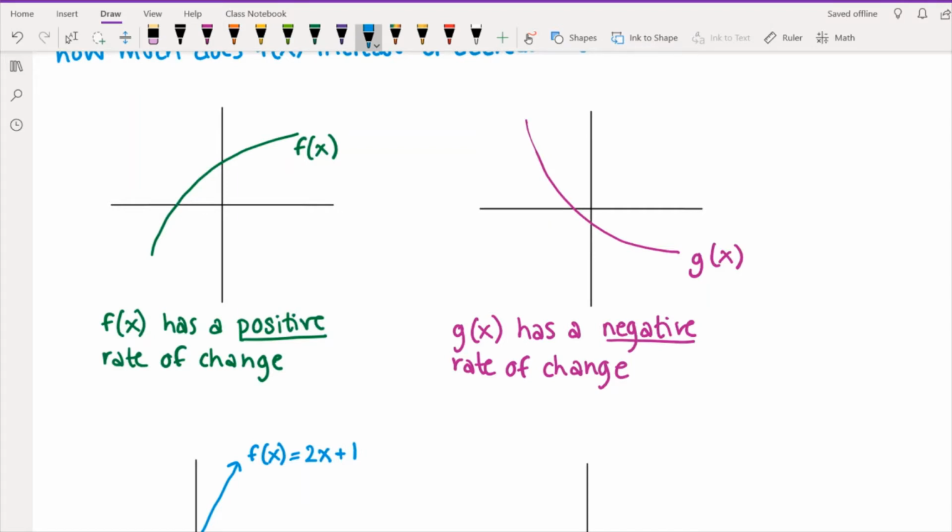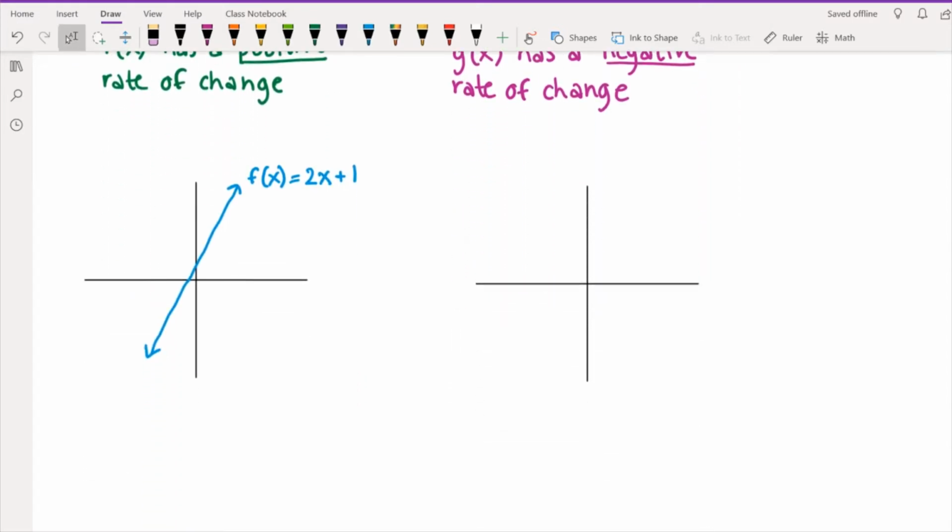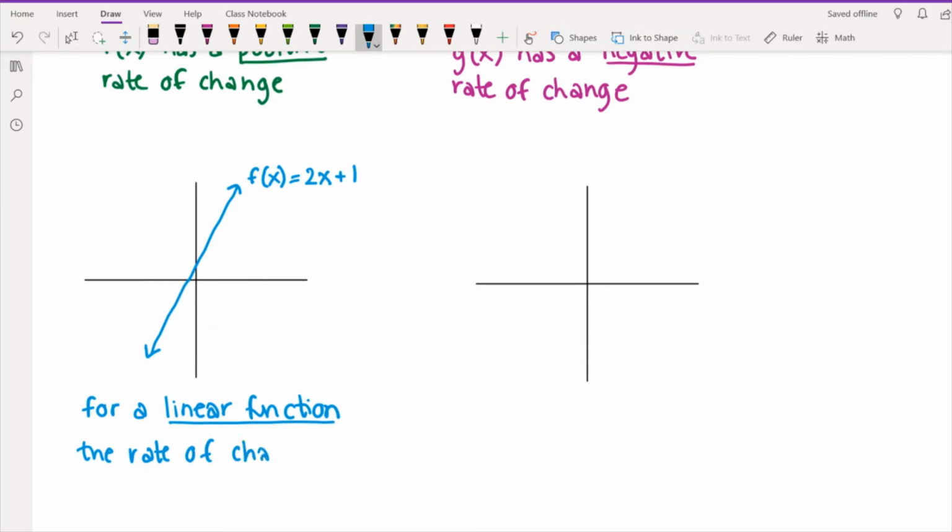That's very different from a linear function, which is always going in the exact same direction, with the exact same steepness. So for a linear function, the rate of change is always the same.